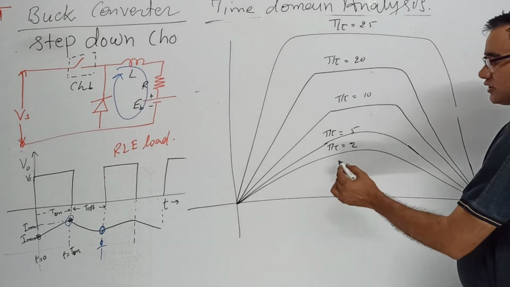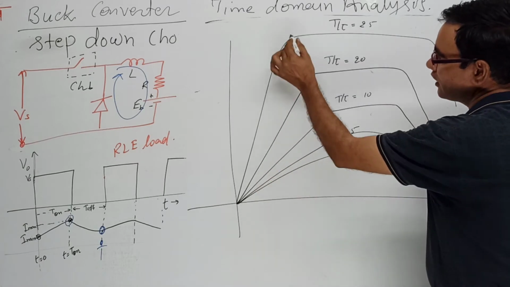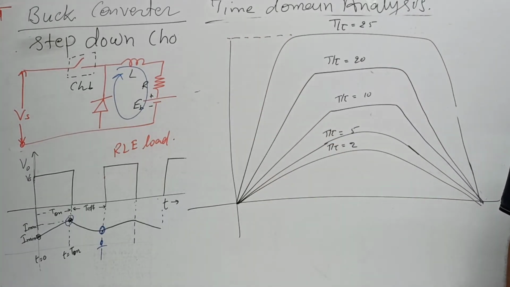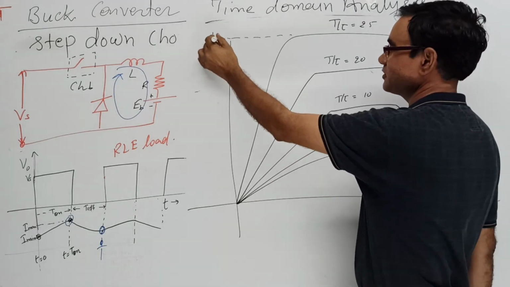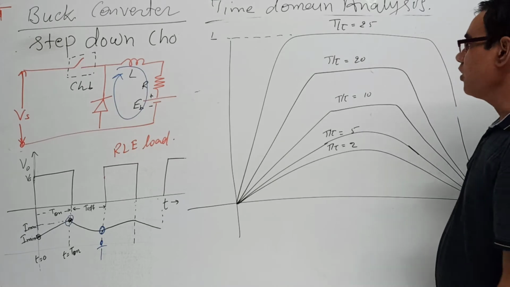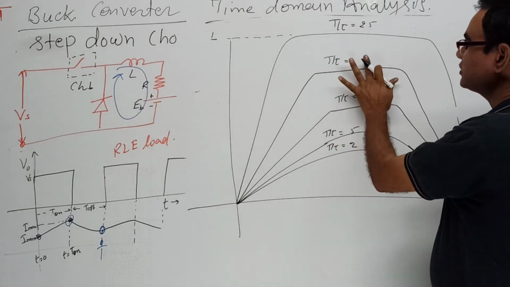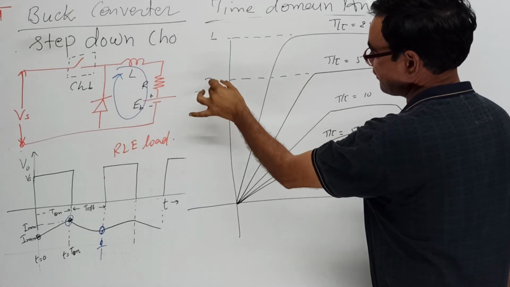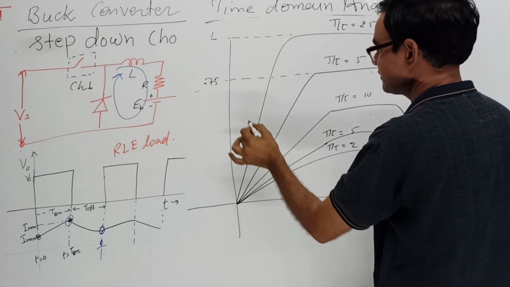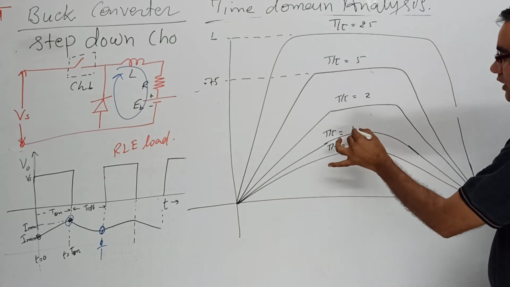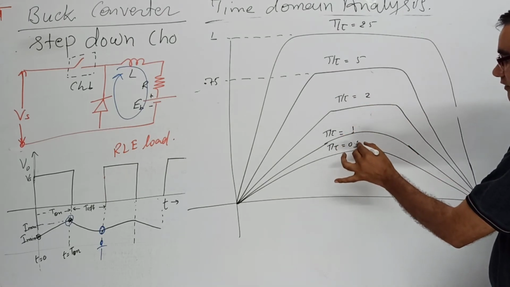If we are taking the 1 value as 100%, then for t by tau the 5 value, it is 75%. It is for 2, it is for 1, it is for 0.5.